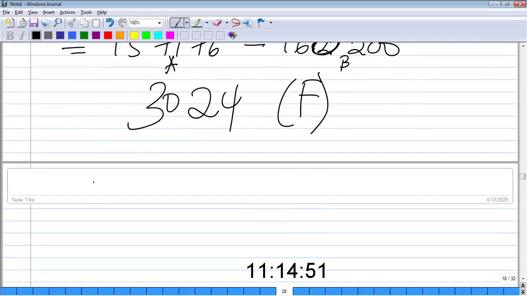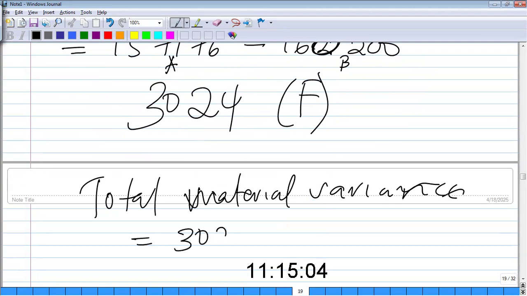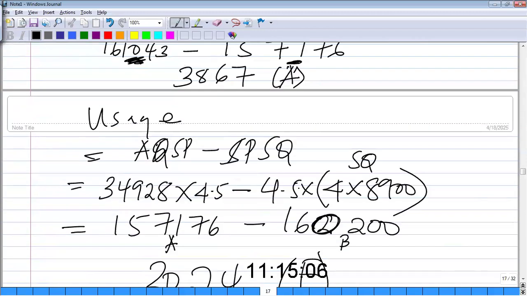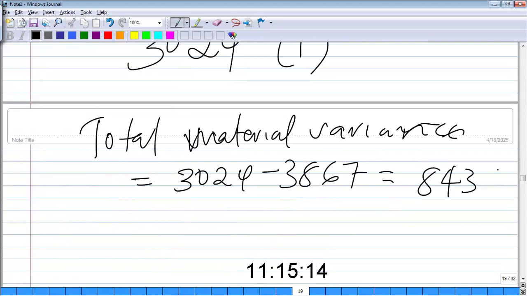So the total material variance is equal to 30,24 minus 38,67, giving us 843 adverse. Yes, we might have bought very good material, but it cost us a bit.